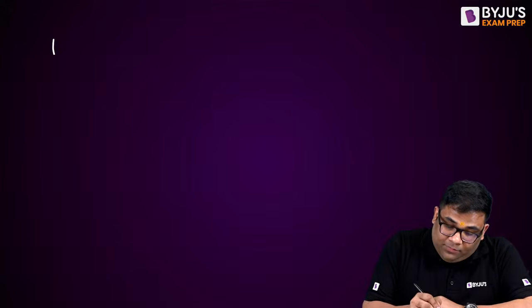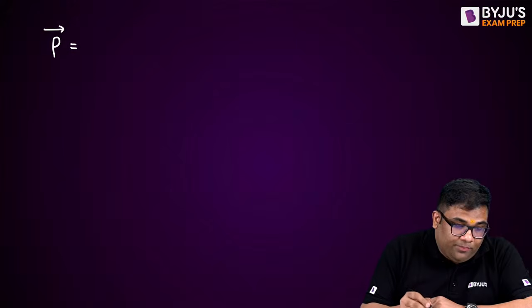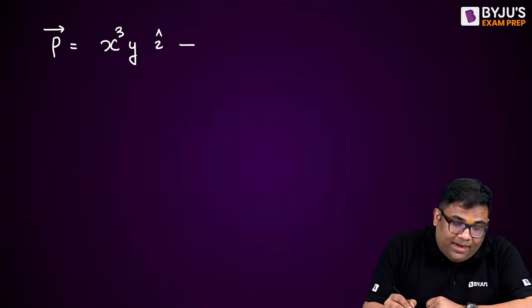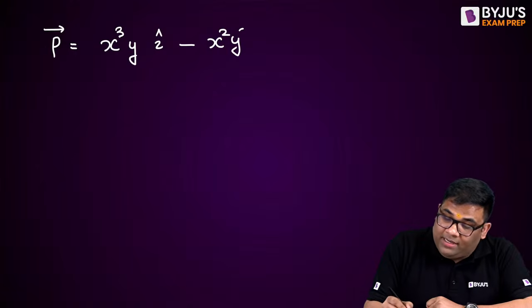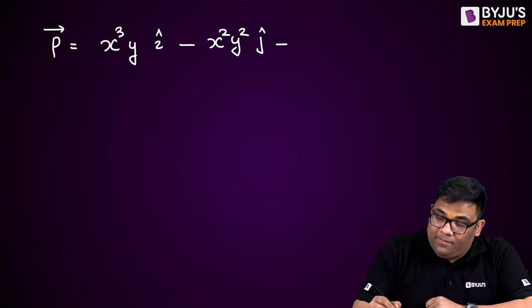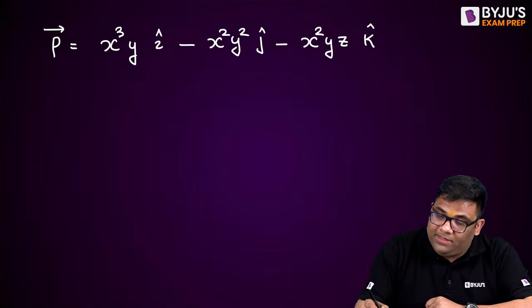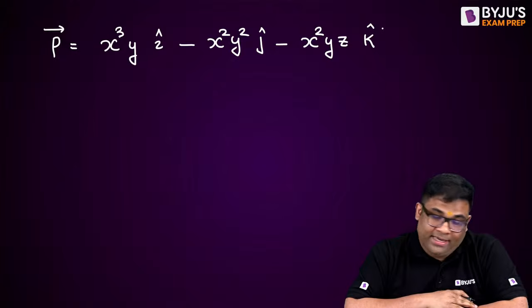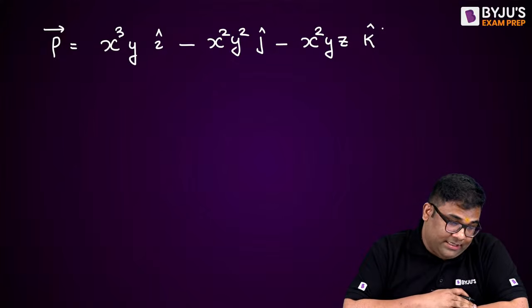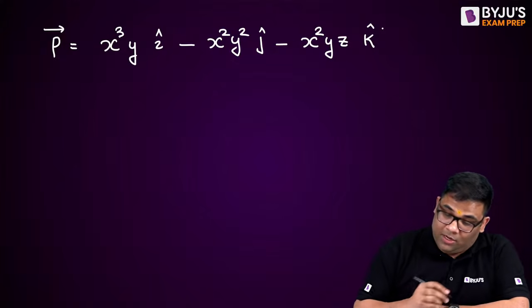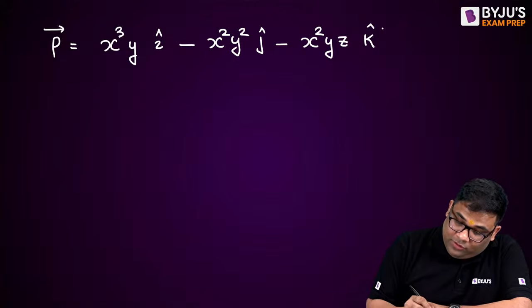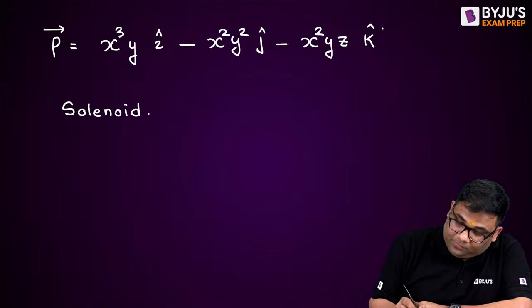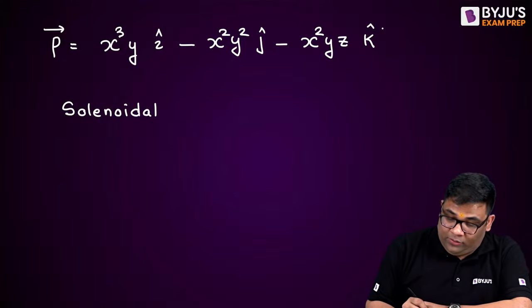Now suppose we have a vector P is equal to x square y i cap minus x square y square j cap minus x square y z k cap. Let me just recheck: x cube y, x square y square, and then x square z. Now tell me whether it is solenoidal or not, and whether it is irrotational or not.